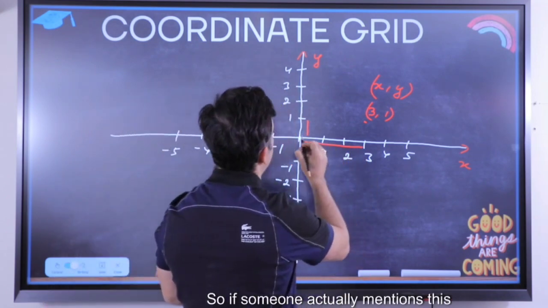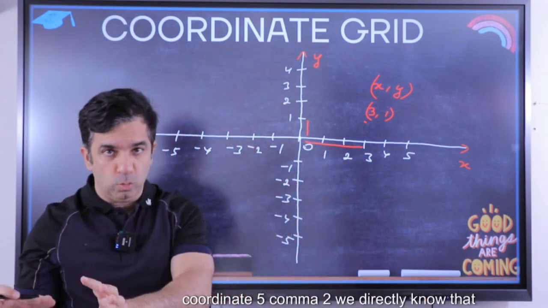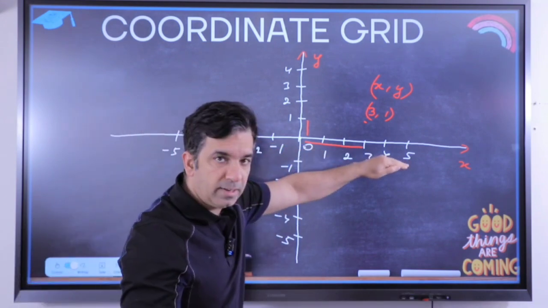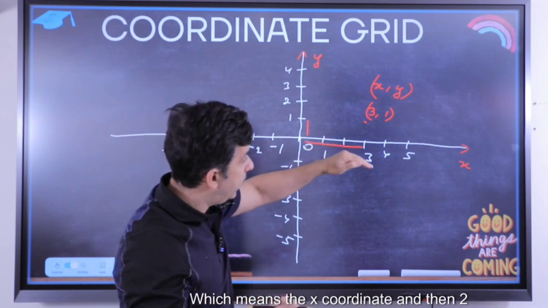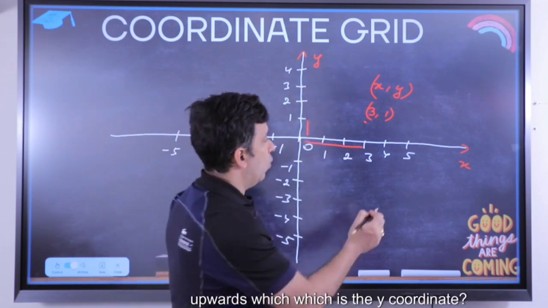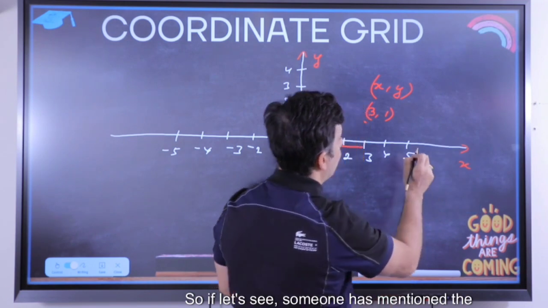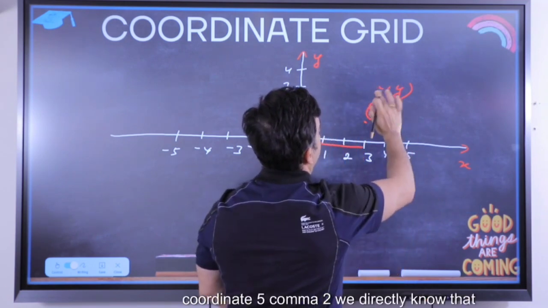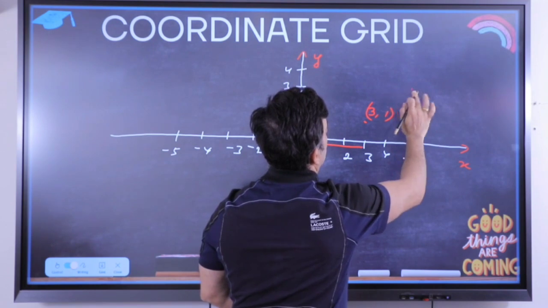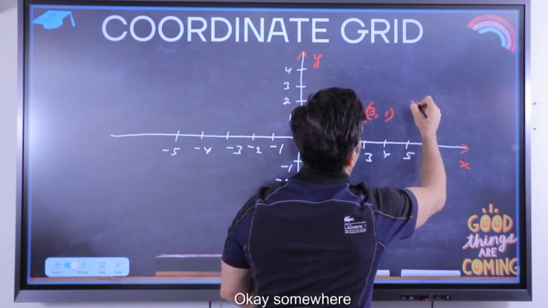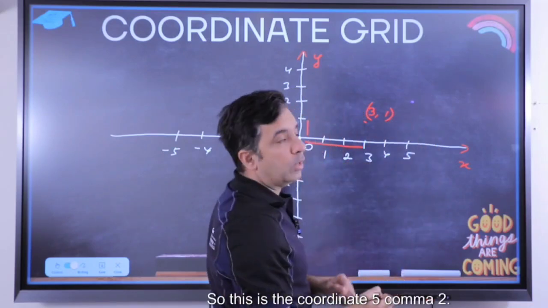So if someone mentions the coordinate 5, 2, we directly know that it is 5 to the right, which means the x coordinate, and then 2 upwards, which is the y coordinate. So it is somewhere over here. So this is the coordinate 5, 2.